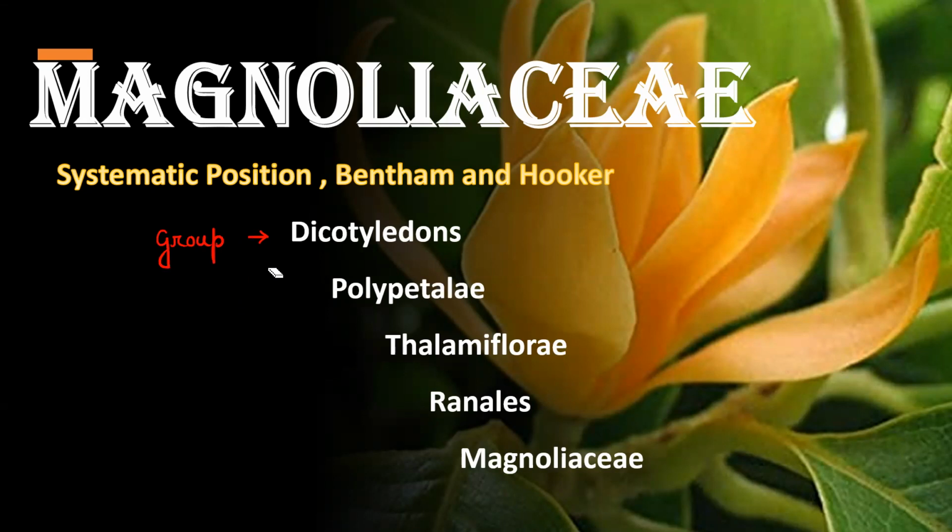Just put a dash. Then the division is angiosperms, then the group, correct?